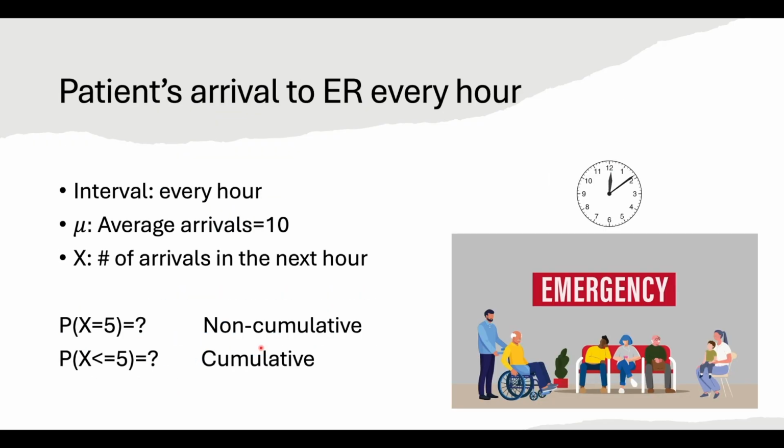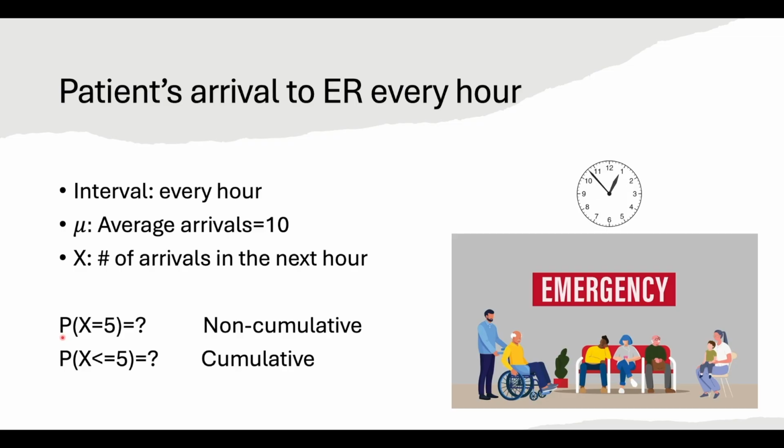Let's look at an example. Let's assume that on average we expect 10 patients arriving at the emergency room every hour. So the interval here is every hour. We have the average arrivals, and x can be defined as the number of arrivals in the next hour or in a specific hour.